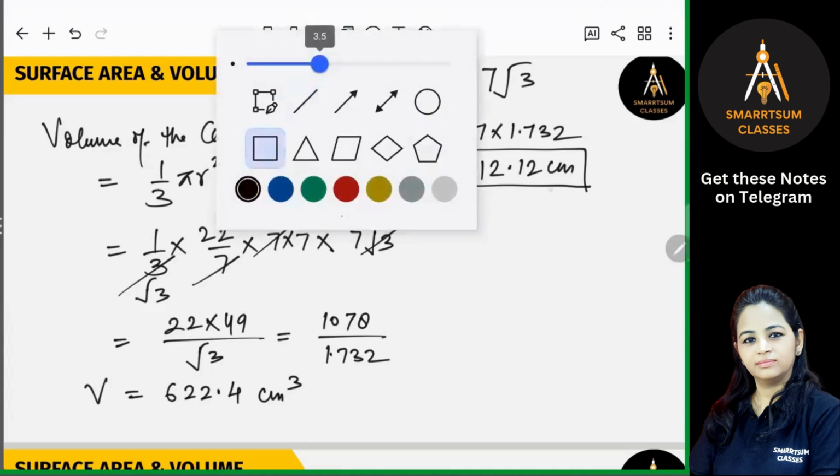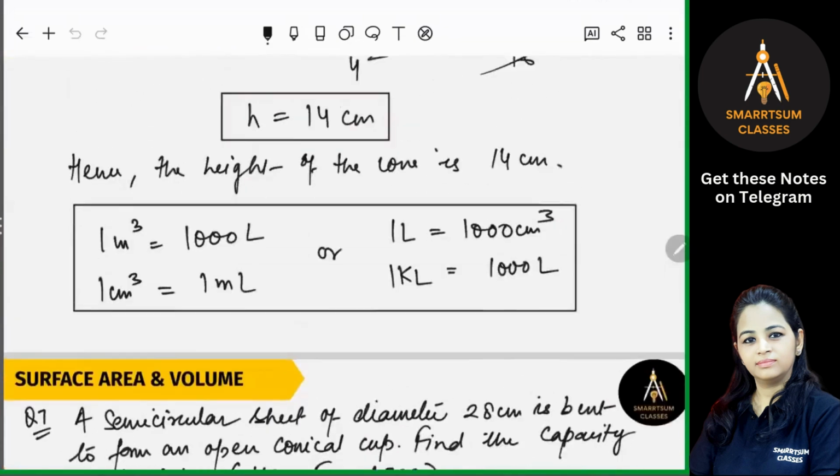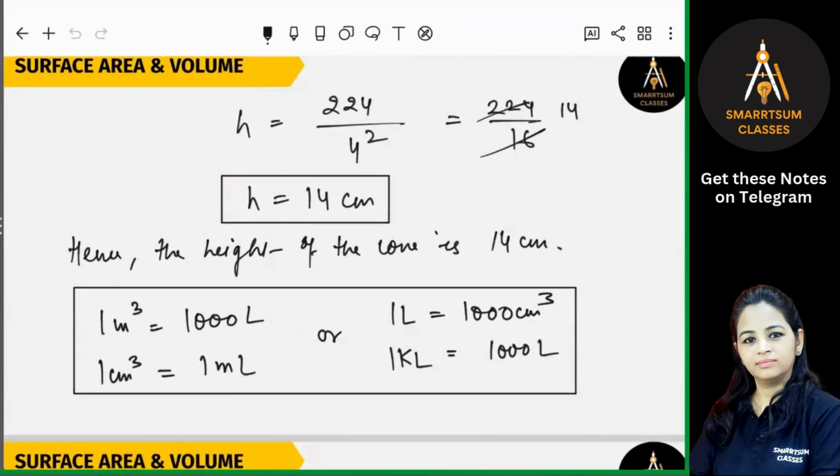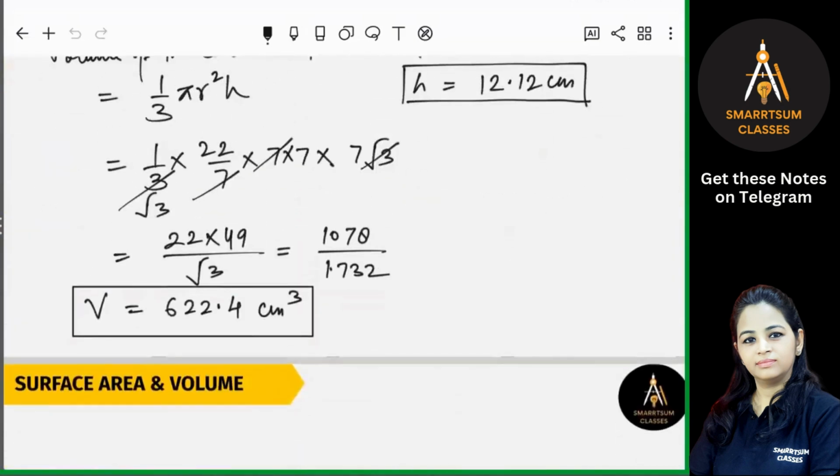So since we have got the volume, we have to find the capacity now. The relation I told you is that 1 centimeter cube is equal to 1 ml. So if the volume of a cup is 1 centimeter cube, then it can hold 1 ml liquid.